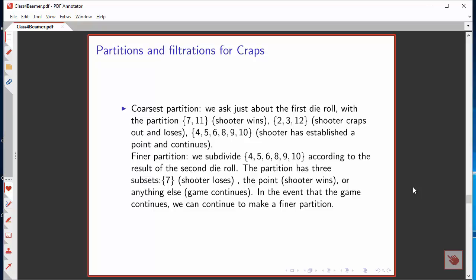If the shooter rolls a 4 on the first roll and a 4 on the second roll, the shooter wins, or something else can happen, in which case the game continues. And if the game continues, we can subdivide an event based on the first two rolls to make a still finer partition, and so on forever, because in principle a game of craps never has to end.